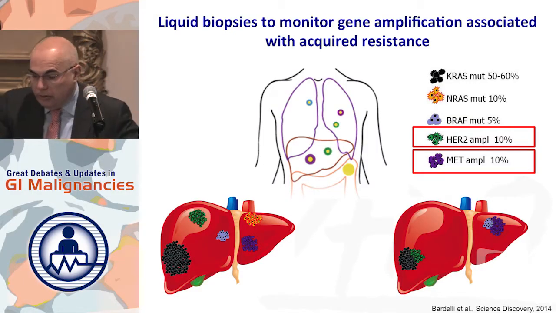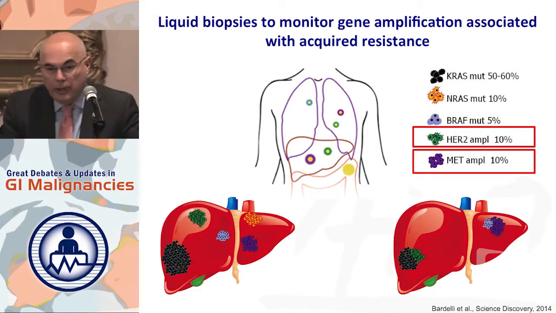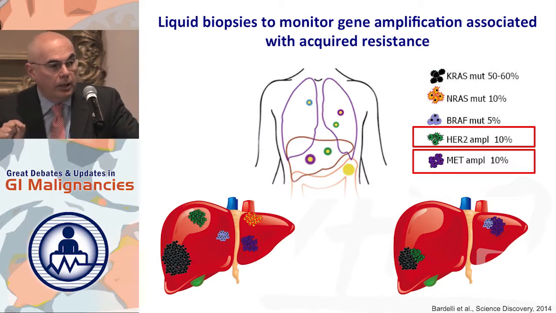So at the end, this is a slide provided by Alberto Bardelli. You can see that, summing up the data coming from biopsies of patients that have been treated with EGFR inhibitors, and also taking blood samples for circulating free tumor DNA, the amount of patients that bear, for example, HER2 amplifications or MET amplifications goes up to 10%.